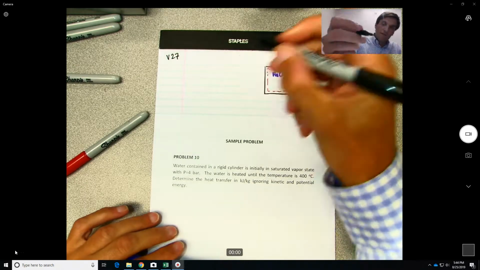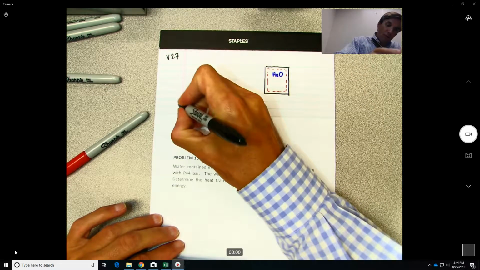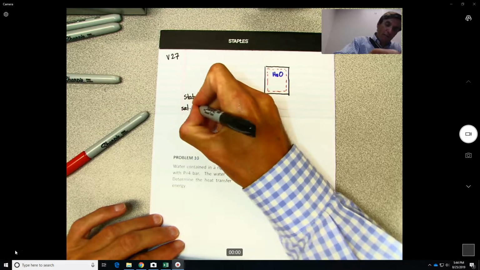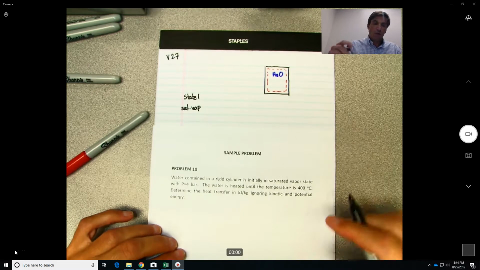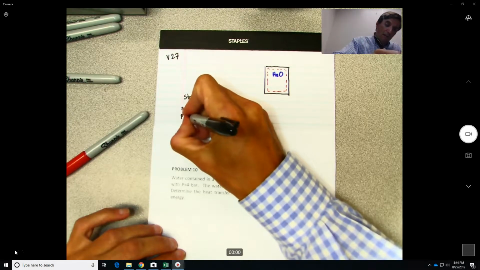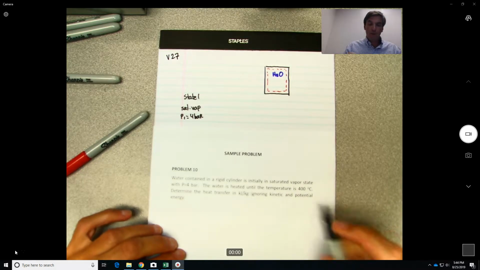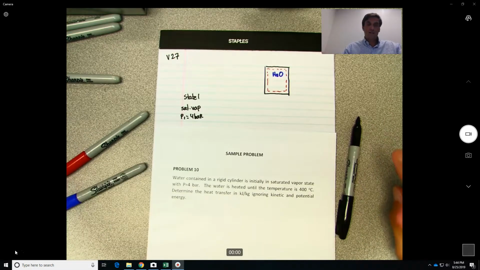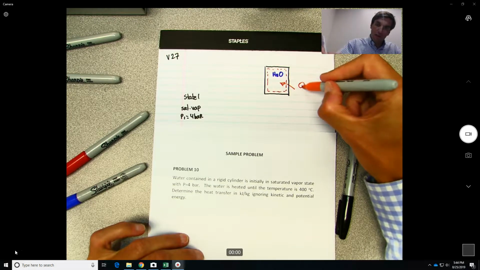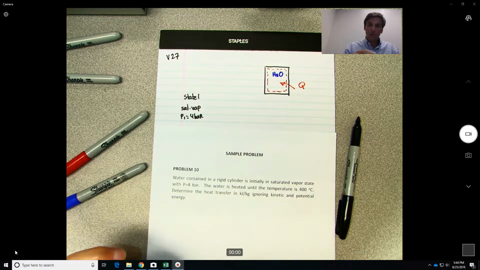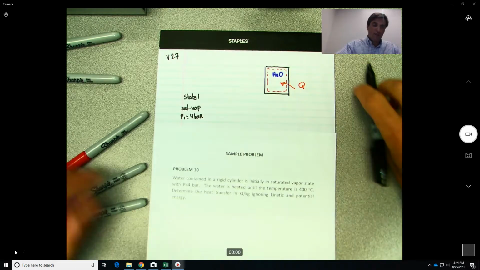So you can say state 1 will be saturated vapor with P1 equals 4 bar. The water is heated, so that means we're going to have heat over here until the temperature is 400 degrees Celsius.